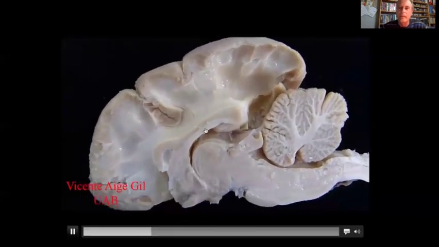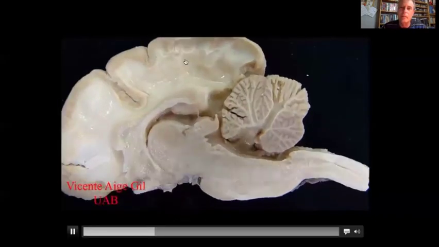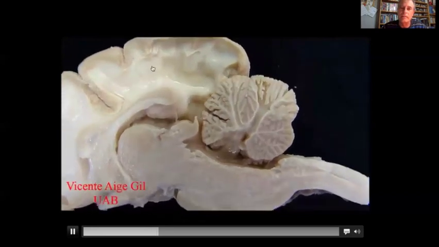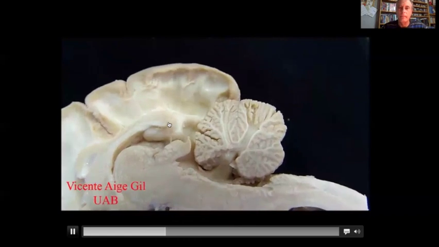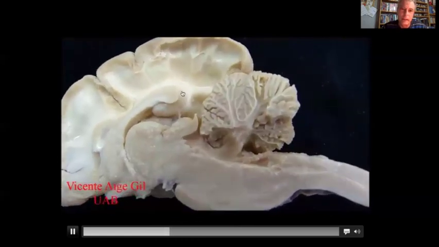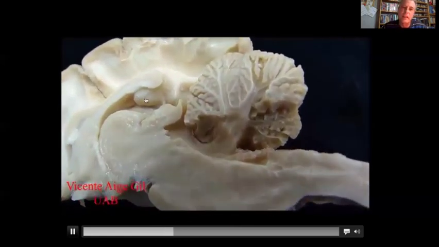We have removed the splenial gyrus. And we identify here the dentate gyrus.